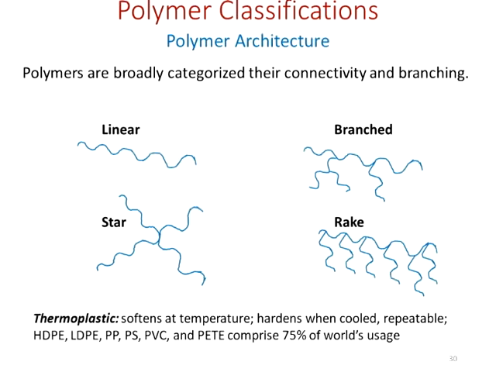We can have linear, which means exactly a straight chain; branched, a straight chain with random groups off the side; star polymer, having at least 3 or 4 different polymer units off of a hub; and rake, which would be a linear chain with branches hanging down it. What we find is that about 75% of the market will fit into these categories.